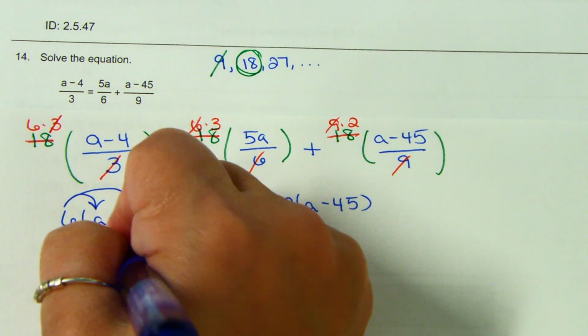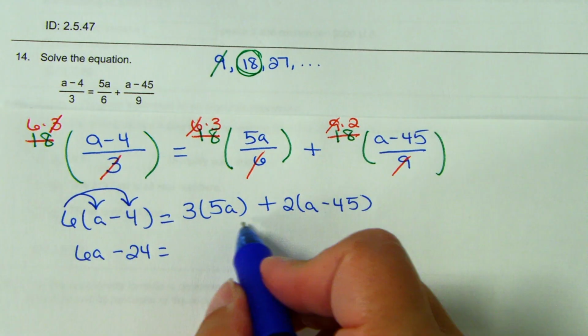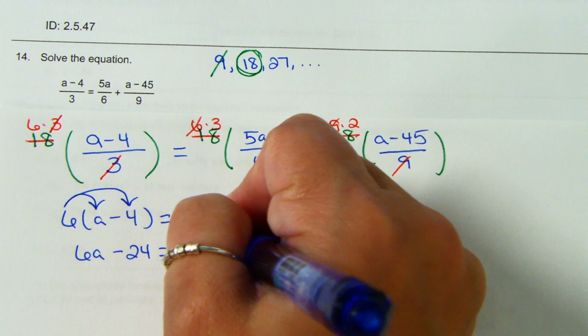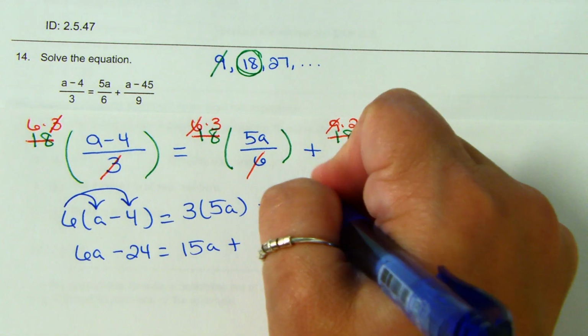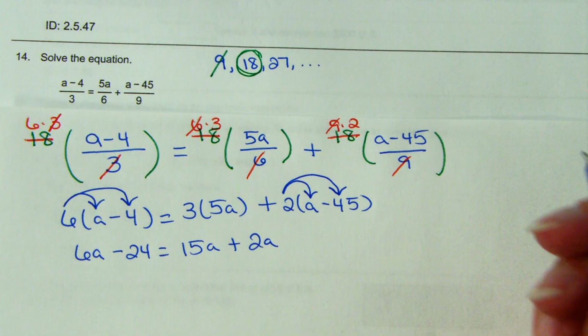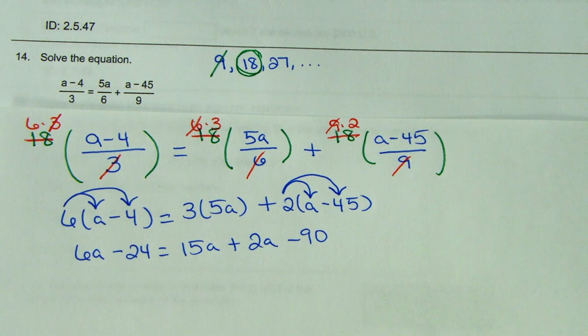Well, we just did that. It was 9 times 2, which gives me 18, so the 9's cancel, which leaves me with a 2 times a minus 45. And I don't know about you, I would much rather work with this equation than this equation, where I have to get common denominators and do the addition and all that kind of stuff.